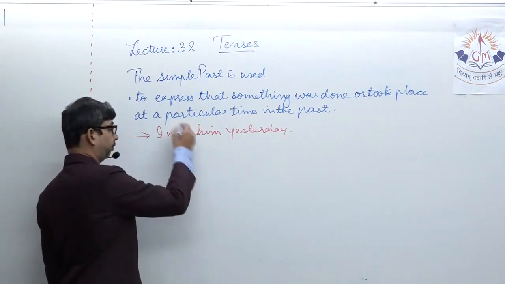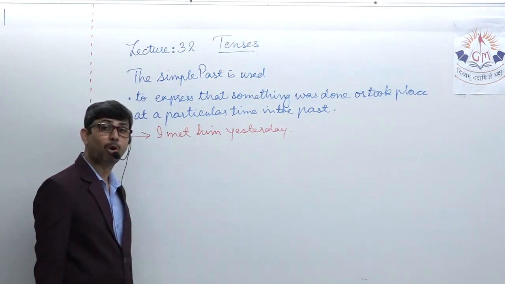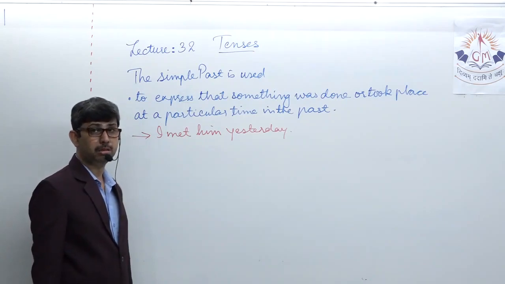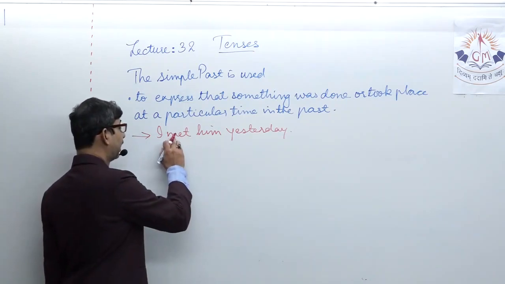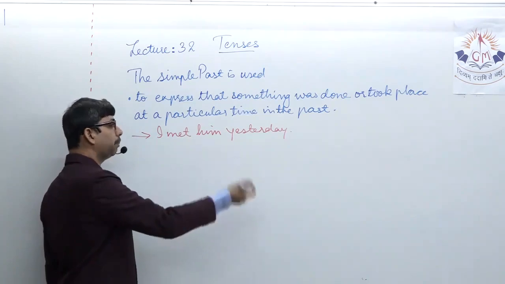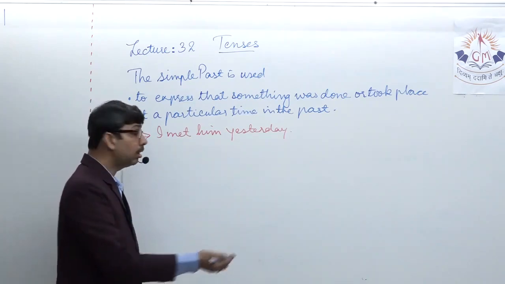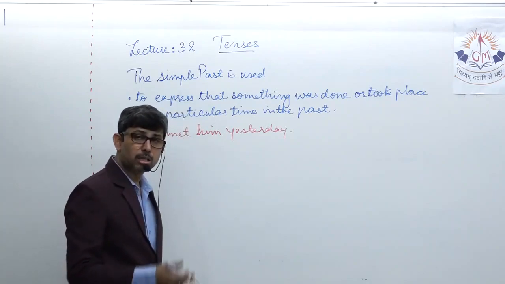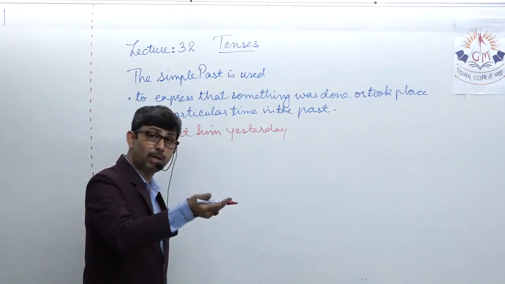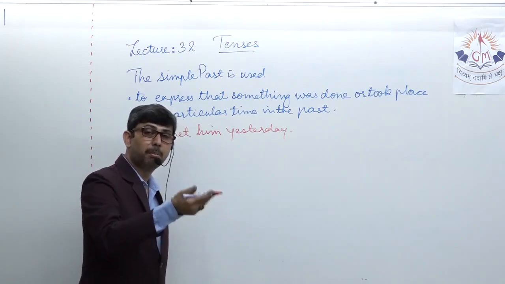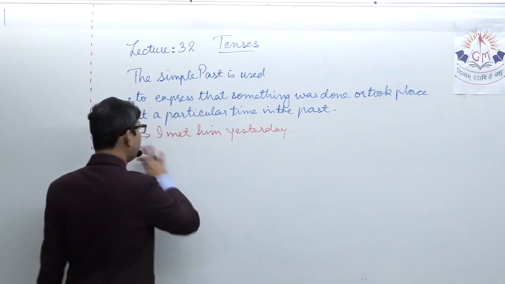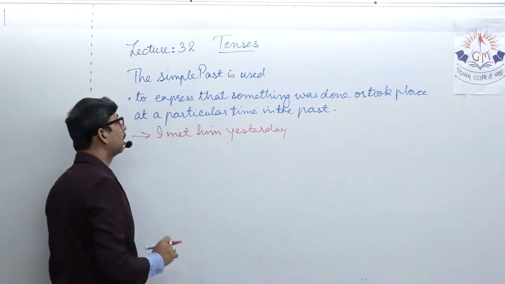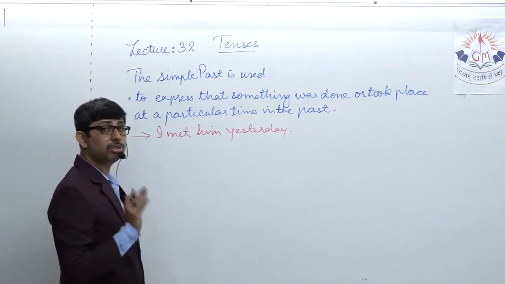The word met, which is the past form of the verb meet, expresses an idea that the meeting of the person has been done. And the time factor is shown over here. It is not saying today. It is not saying it's going to happen. You're saying, yes, I met. But when? Yesterday.